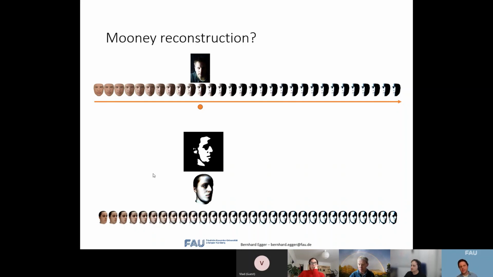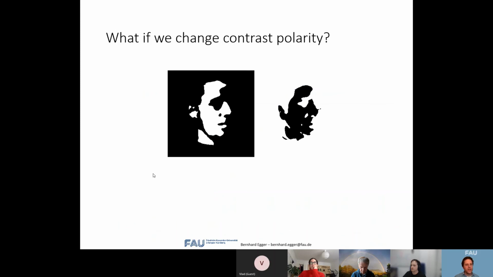And it might just be very limited by the illumination model that we are using, because this illumination model is very simplified. It only has 9 parameters. And one way to support this claim is to study what happens if we change the contrast polarity.